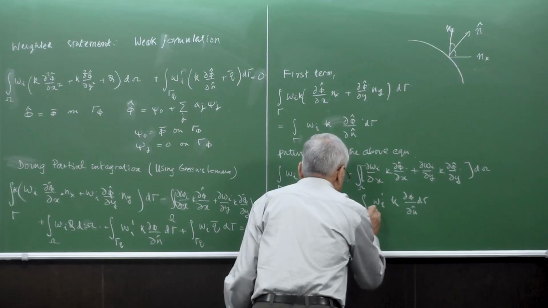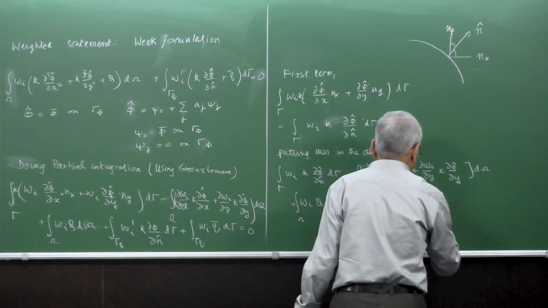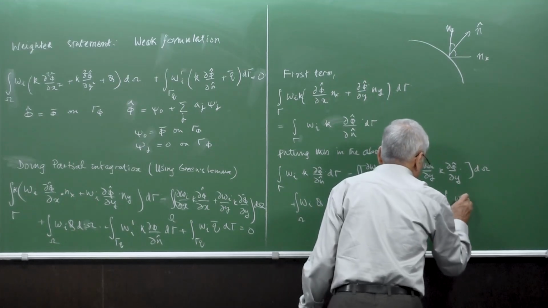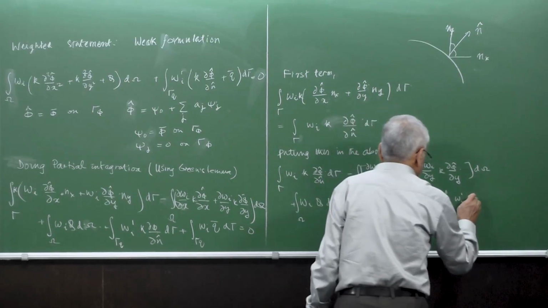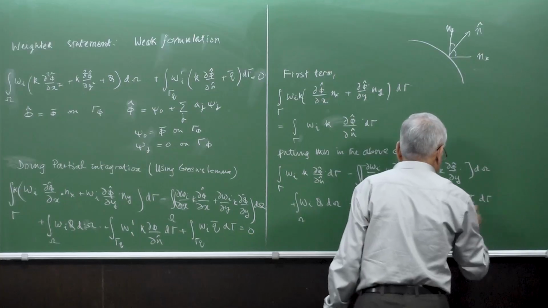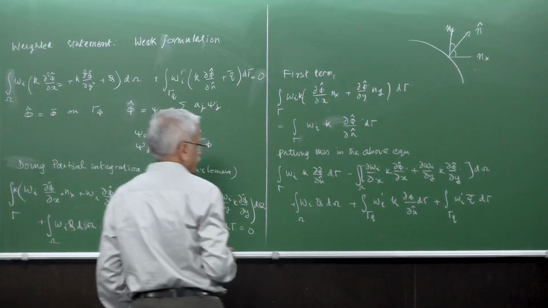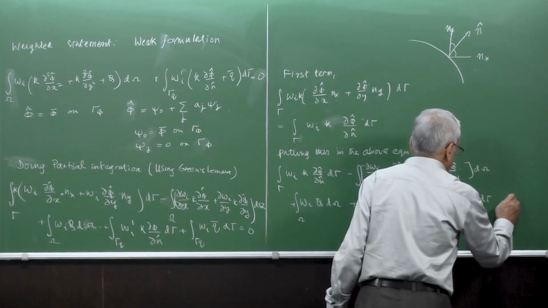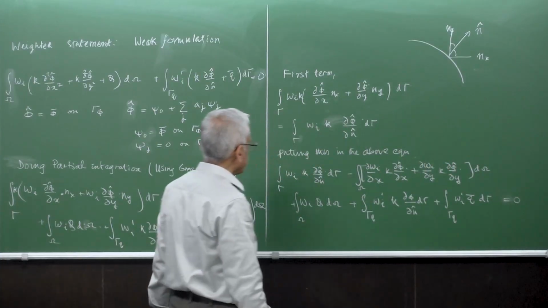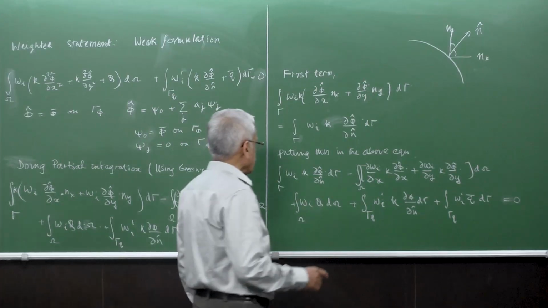This is over gamma q, right? And then there is another here. Okay, this is equal to 0. Looks a little long, but then we are going to make it simpler by looking at this one.